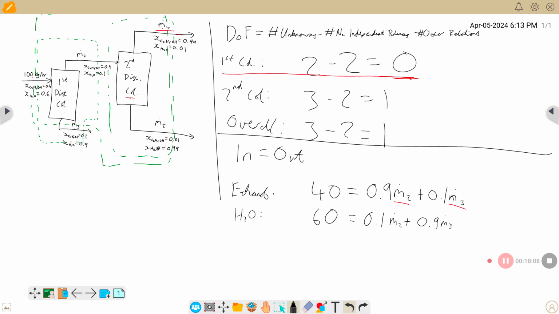Now, by inspection, what does this look like? Well, it just looks like a simple simultaneous equations problem, right? If you remember, there's 2 common methods for solving simultaneous equations. You might use elimination, or you might use substitution, or you could use a graphical method. I'm going to choose to use the elimination method here, just because it's what my intuition says.